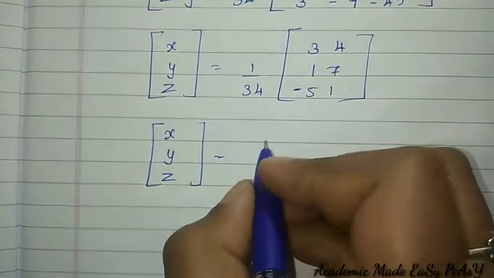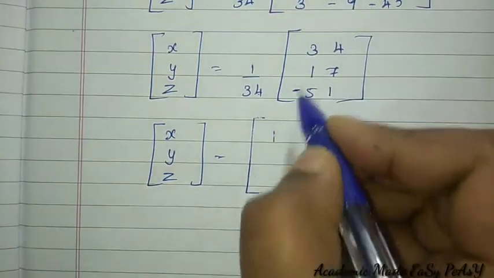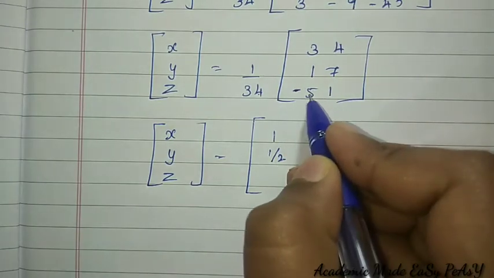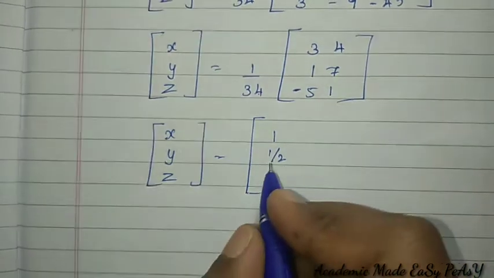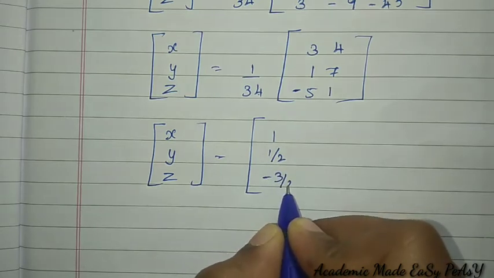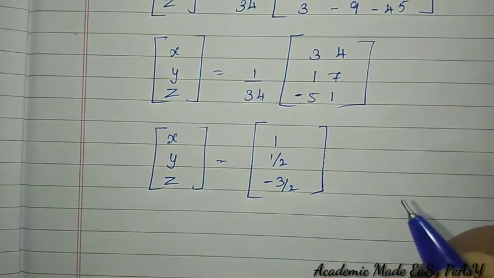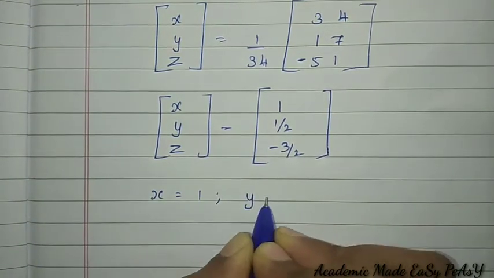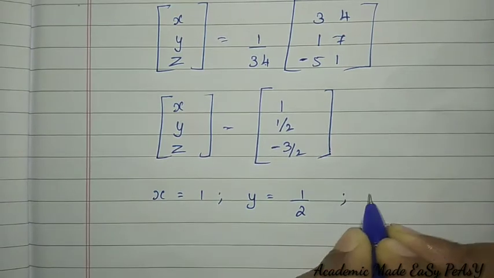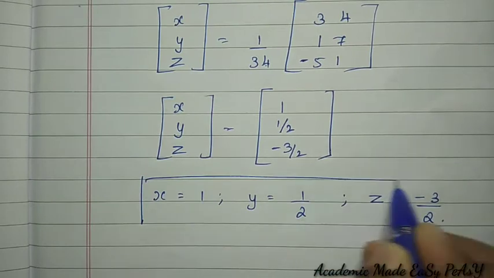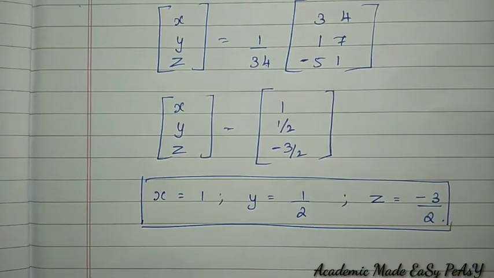So 34 by 34 it is 1. 17 by 34 it is 1 by 2. And minus 51 by 34 it is minus 3 by 2. So this is the answer. So now x is equal to 1, y is equal to 1 by 2 and z is equal to minus 3 by 2. So these are the required values for x, y and z.